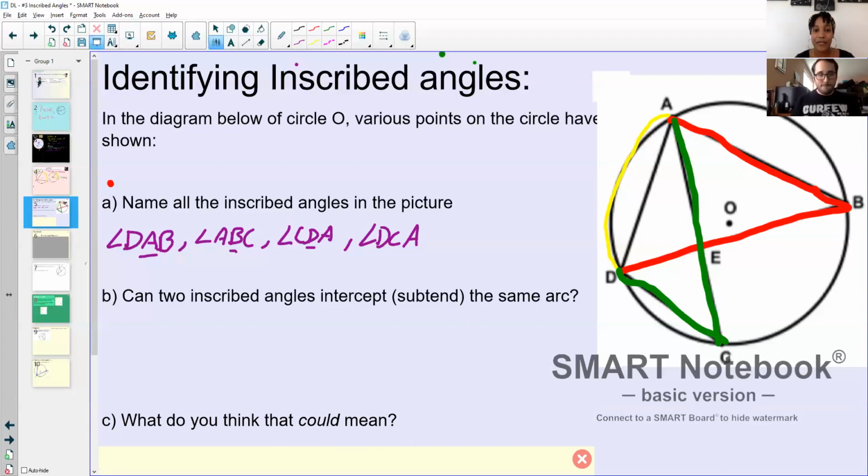These two inscribed angles are intercepting the same arc. So what do you think that means about those two angles? What could that possibly mean? You can either unmute yourself or say it in the comments. Again, this is just a guess. We don't have an answer yet. We're gonna get there. Take a risk.